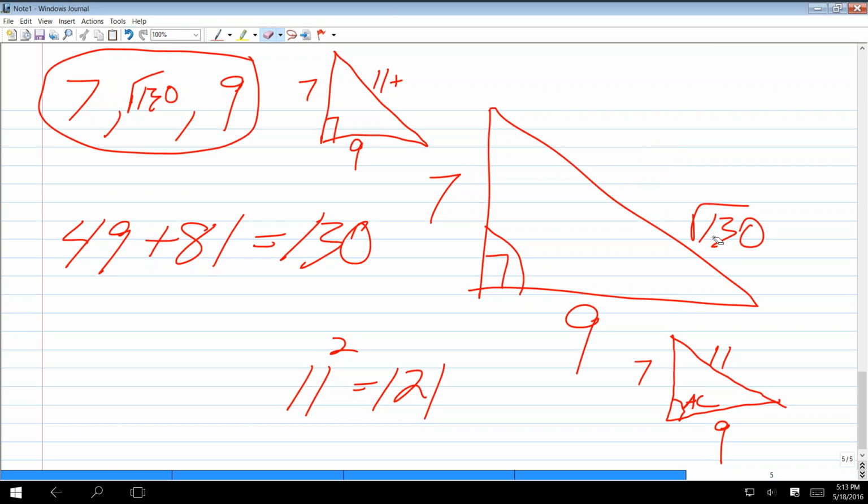Well, if that is a right triangle, but instead of being the square root of 130, it's the square root of 121, which is what 11 is, then this is not going to be a right triangle. It's going to be an acute angle here. Because the only way I can shorten up this length right here is by making that acute angle instead of a 90-degree angle. If I wanted to lengthen this segment, I'd have to make this angle obtuse.